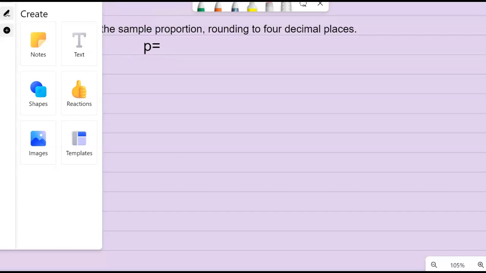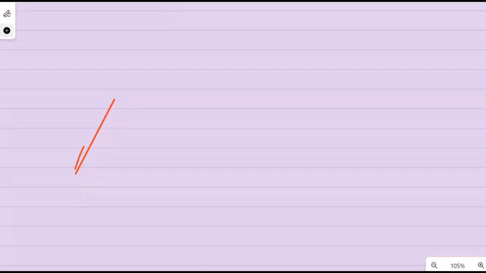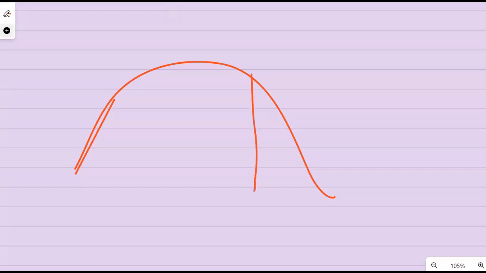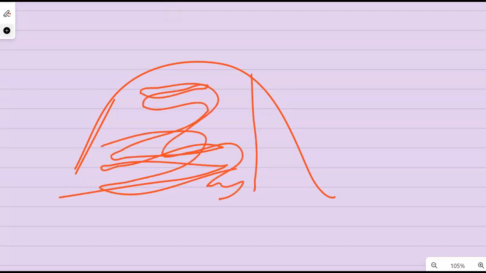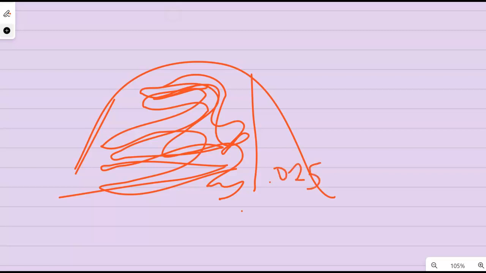If I have a distribution here and I want my z-score, I want way up to here, and so my z-score is going to be, this tail is 0.025, so if I say 1 minus 0.025, then the probability is 0.975.